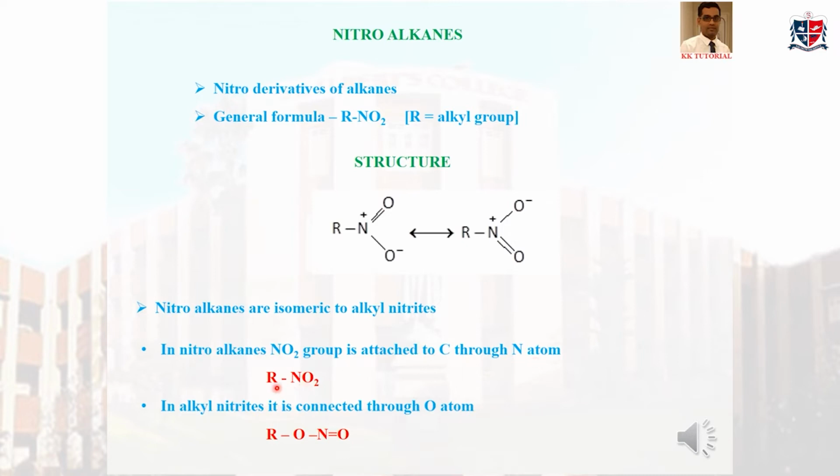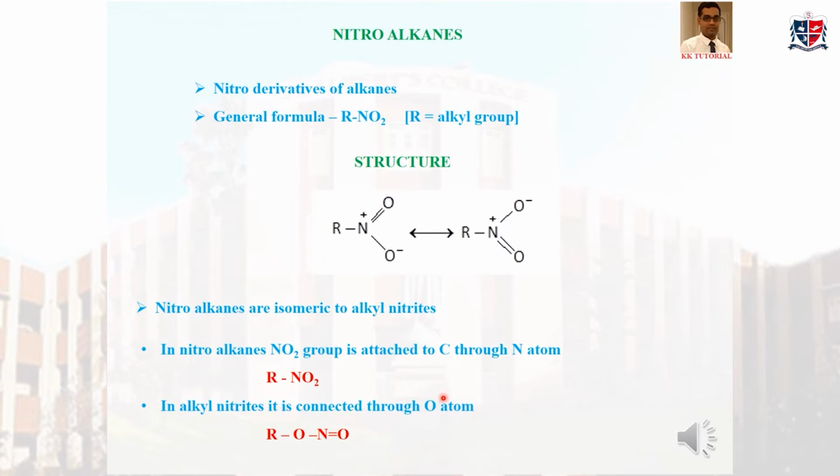You see the connection is between the carbon and nitrogen, the carbon of R group. Then in alkyl nitrites, the connection is between carbon and oxygen. So even though they have the same molecular formula, structurally they are different. That's why they are isomeric. So nitroalkanes are isomeric to alkyl nitrites.